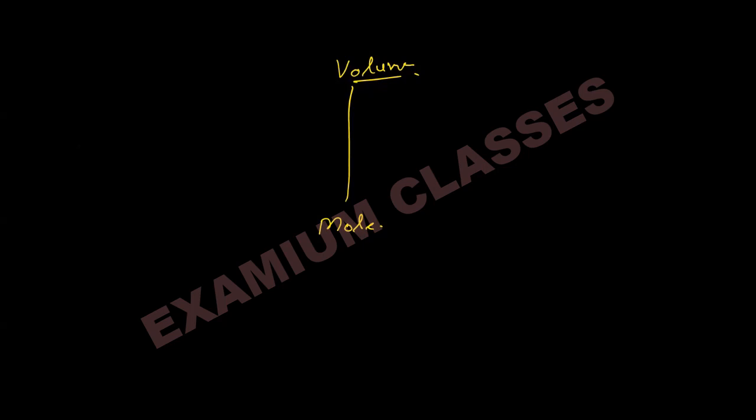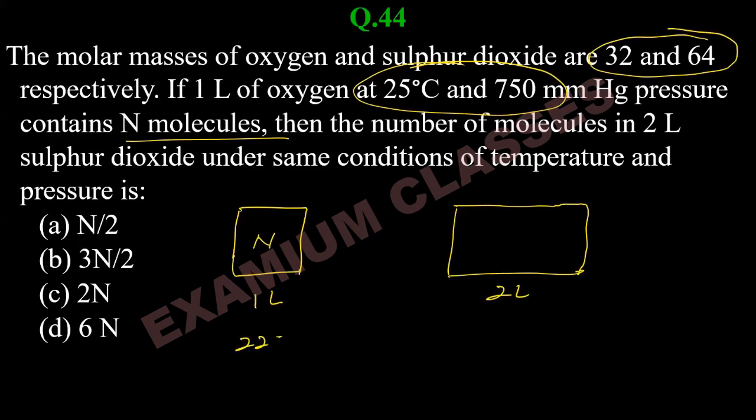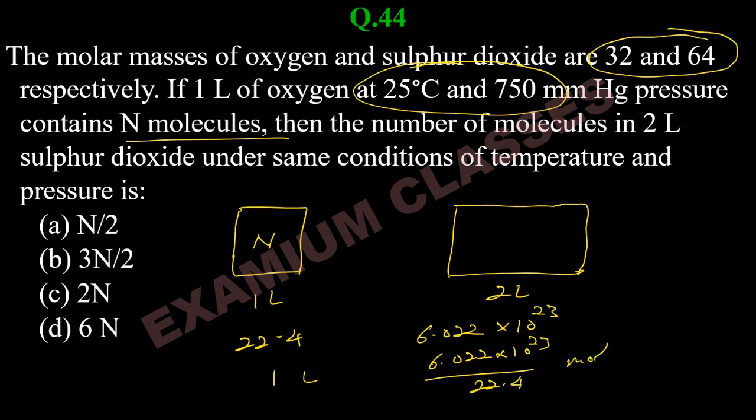Exactly, because 22.4 liter has 1 mole, 6.022 into 10 power 23 molecules. So 1 liter will have 6.022 into 10 power 23 divided by 22.4 molecules, irrespective of whether we are talking about oxygen or sulfur dioxide. So if we are increasing the volume to double, the number of molecules will also be double, irrespective of whether we are talking about oxygen or sulfur dioxide.